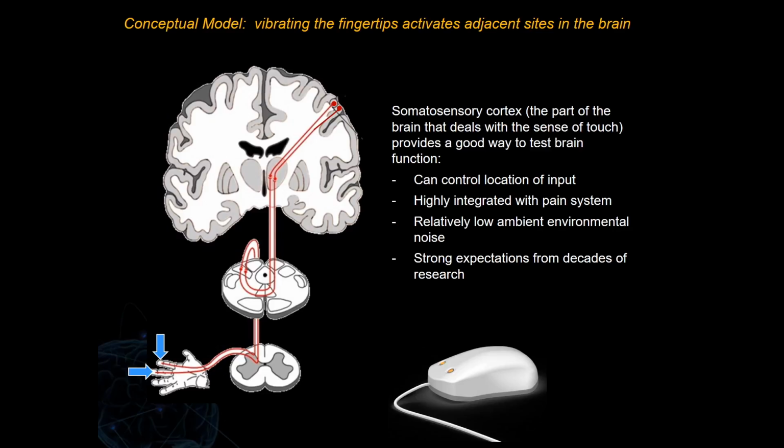Those two spots talk to each other in a very specific way, which has been studied for many years, and we have a very good idea about how those interactions are supposed to occur. And what we have done is we've developed specific tasks that relate to those specific functions in the brain. So let's look at it.